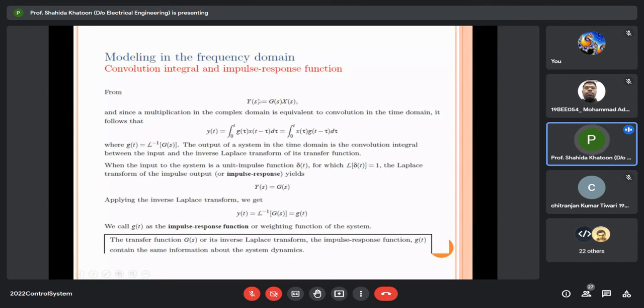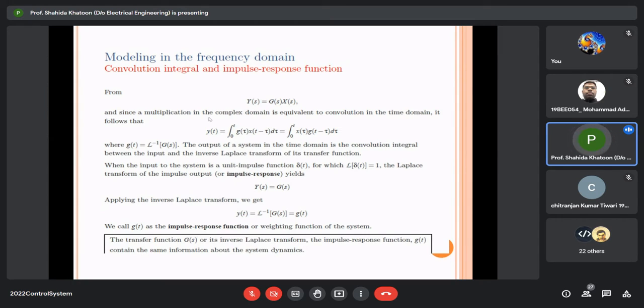Since multiplication in the complex domain is equivalent to convolution in the time domain, this we have already done in the part where we did the revision of the Laplace transforms. So convolution is the integral from 0 to t of g(tau) x(t minus tau) d tau, equal to the integral from 0 to t of x(tau) g(t minus tau) d tau, where g(t) is the Laplace inverse of G(s).